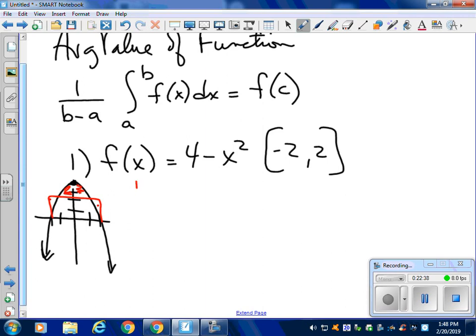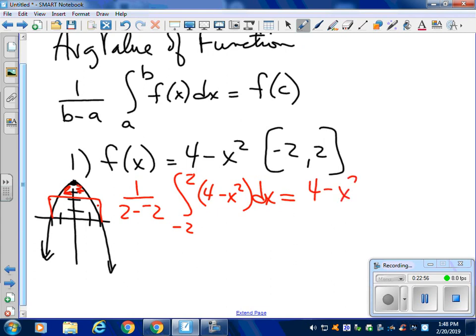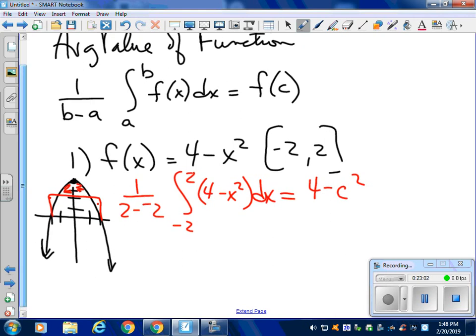So 1 over 2 minus negative 2, integrated from negative 2 to 2, of (4 minus x squared) dx. Let's focus on that first. We're going to work that whole side out, and when we get done working that side, we're going to set it equal to the original problem with a c in it, and we're going to talk about what those pieces again mean.